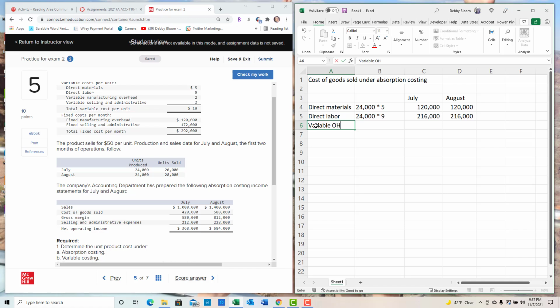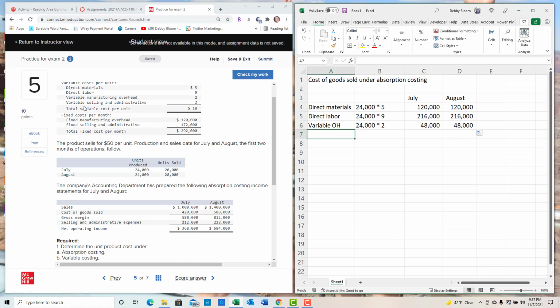So once again, for variable costs, we're just going to take the number of units produced and multiply it by the variable cost per unit. So for variable manufacturing overhead, we're going to take 24,000, multiply that by 2. So we have 48,000 and 48,000.